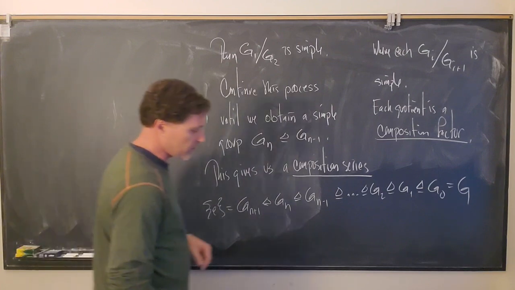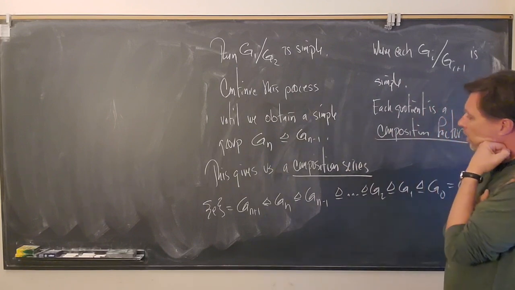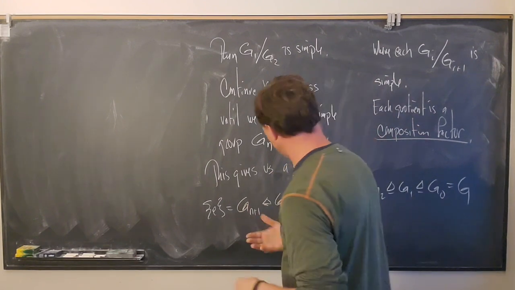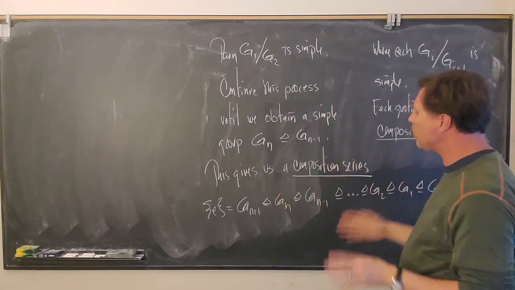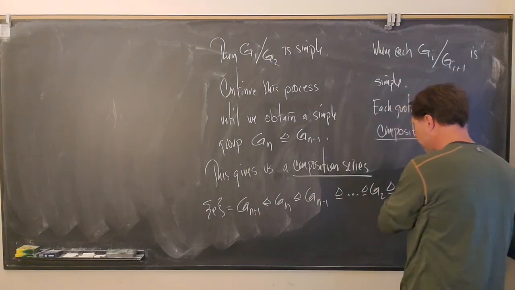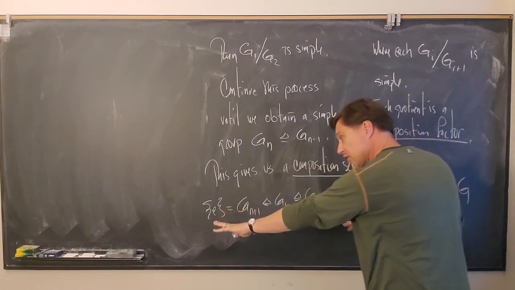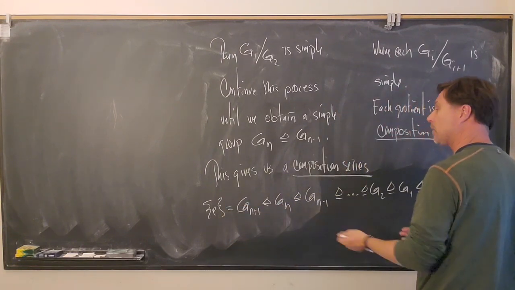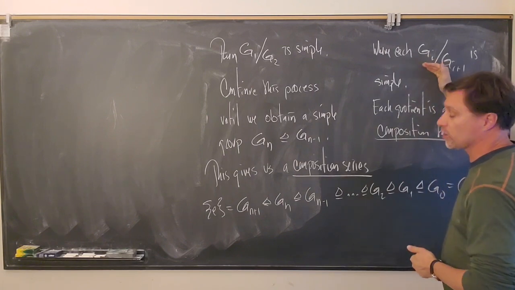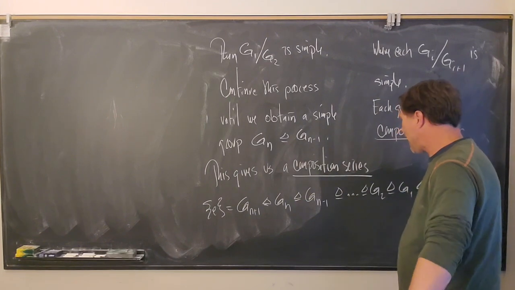Now, there's a famous theorem that tells us that up to ordering, the composition factors are actually unique. So essentially, there is one way to do this. When you start off with G, you will get a corresponding composition series where you have a bunch of composition factors, and each one of those is simple.